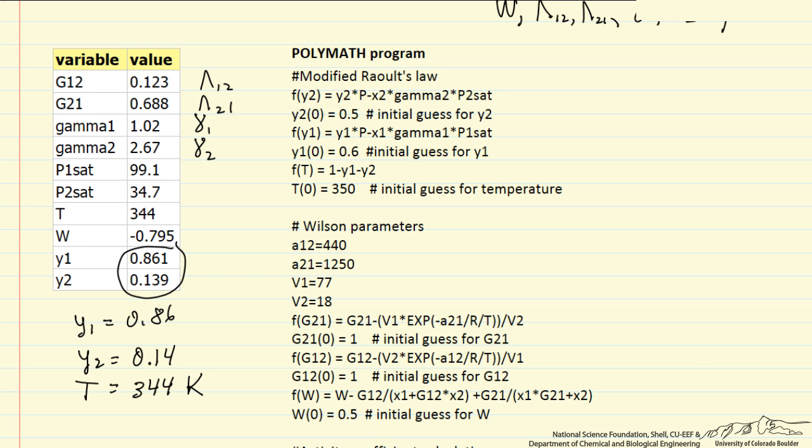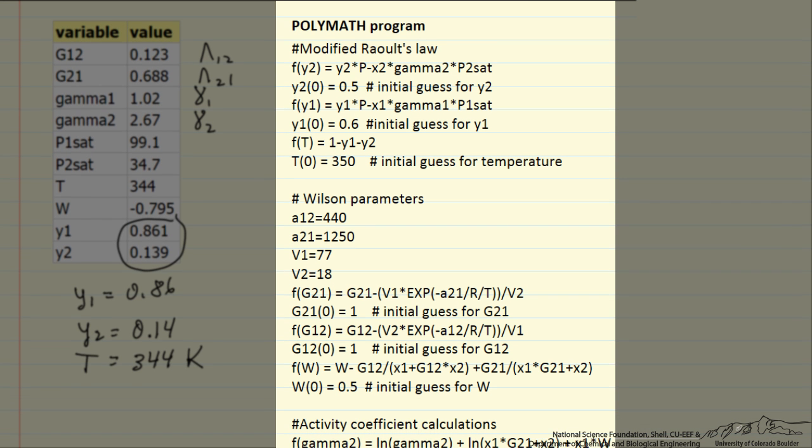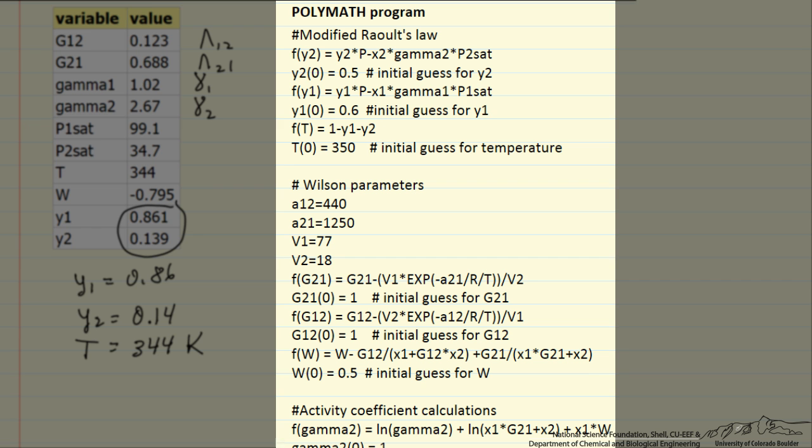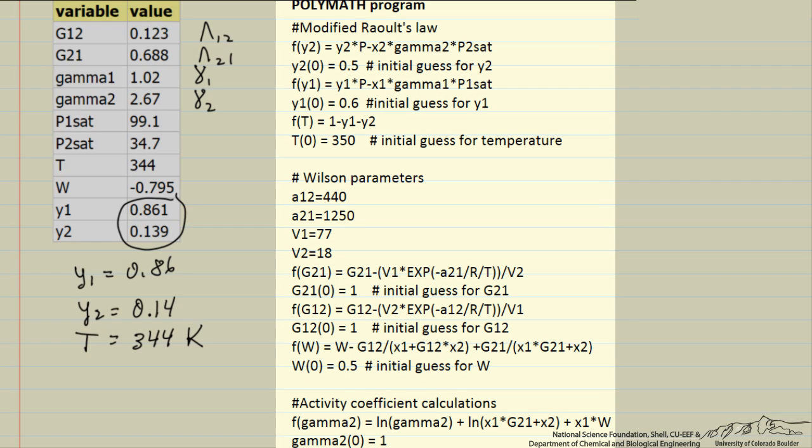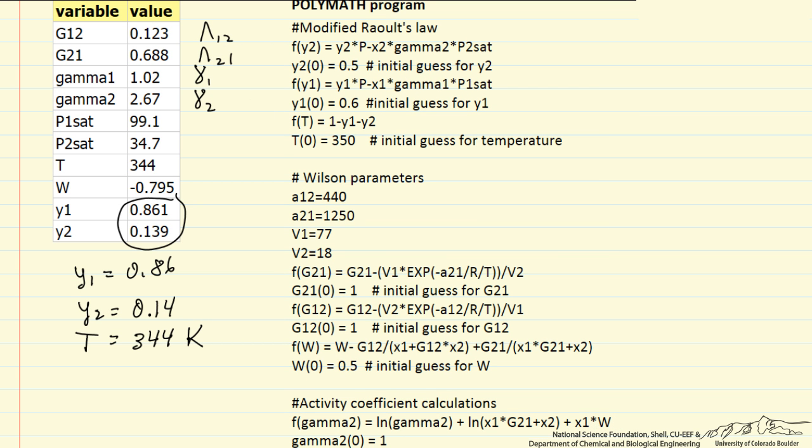Temperature 344 Kelvin. And then showing here is the Polymath program, where essentially it just writes the equations with all the terms on the right side as some function of one of the 10 variables. It doesn't matter which one as long as we have all 10 variables.